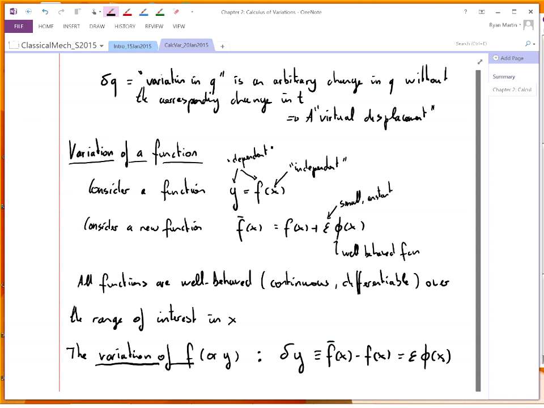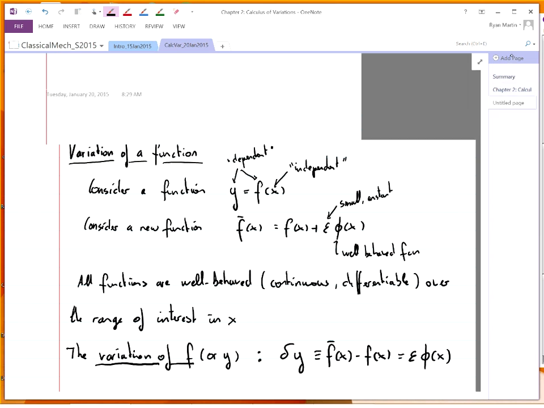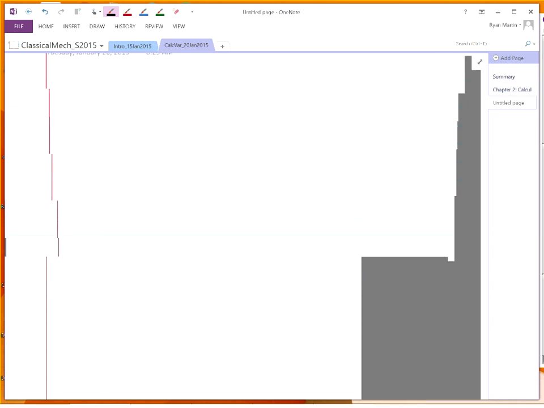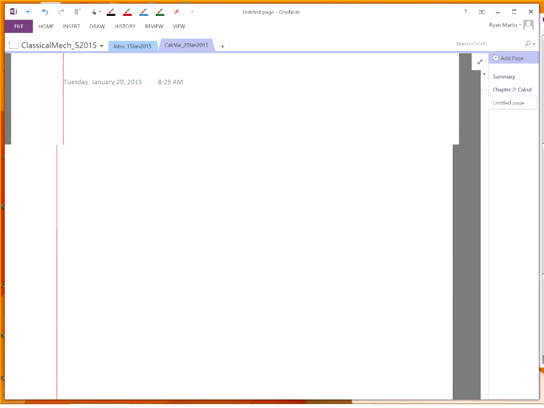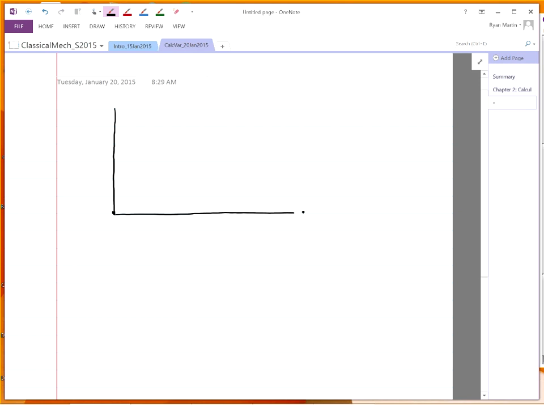Okay, so let's make a little drawing of this to get an idea of what's going on here. Let me draw x and y axis. Let me draw the function f of x.